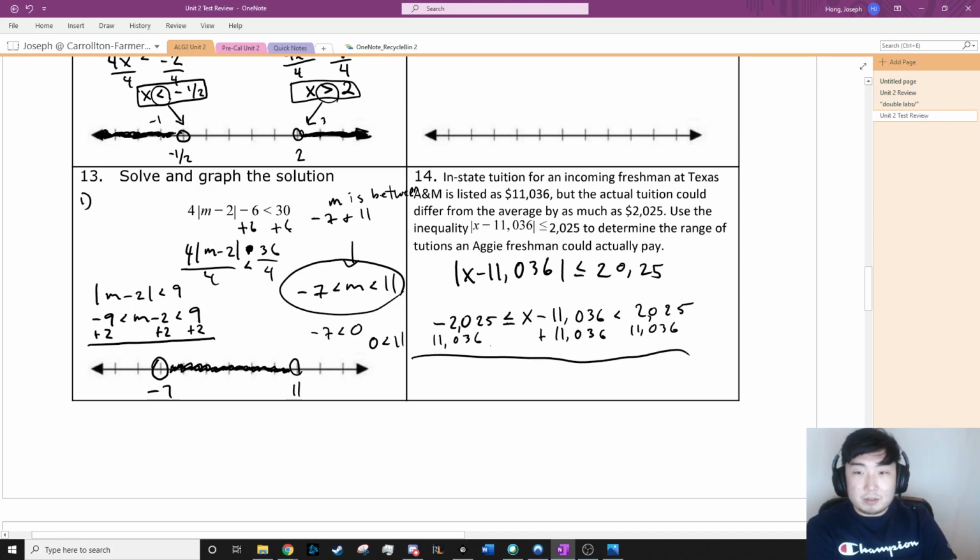So this becomes $9,011 is less than or equal to x, which is less than or equal to $13,061. That's it. That's all you had to do. You had to understand that this question is pretty much asking you to solve.